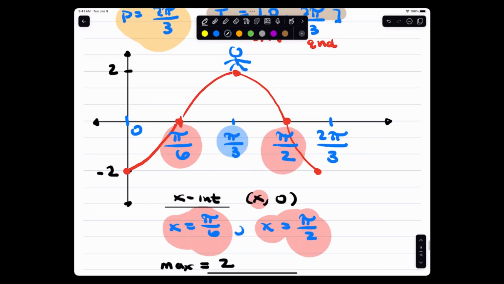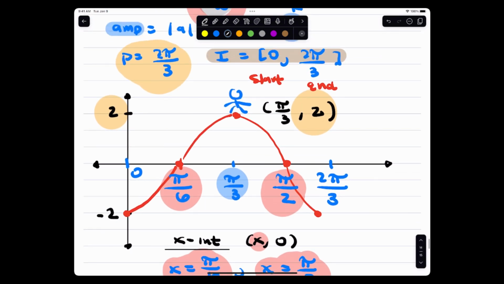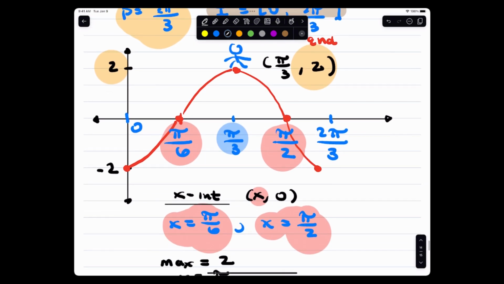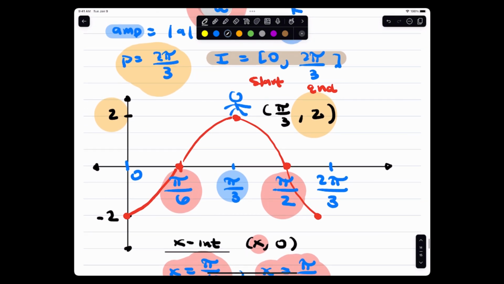This is the address again. X is pi over 3 and y is what? 2. It happens for what x value? Pi over what? 3. Is that right? Do you guys remember how to plot points?